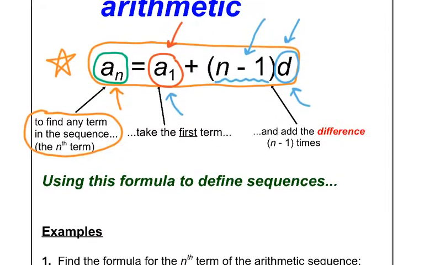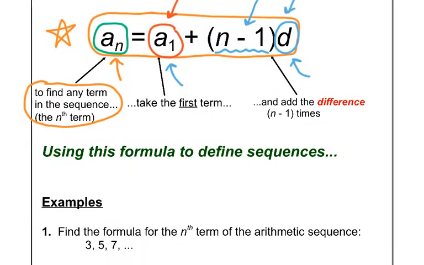So here's how we're going to do it. For example, look at number 1 here. This one says, can you find the formula for the nth term of this arithmetic sequence? Now I tell you it's arithmetic, but could you tell just by looking at it? What am I adding to go from term to term? And I am adding plus 2. So d here is 2. So therefore it is arithmetic.